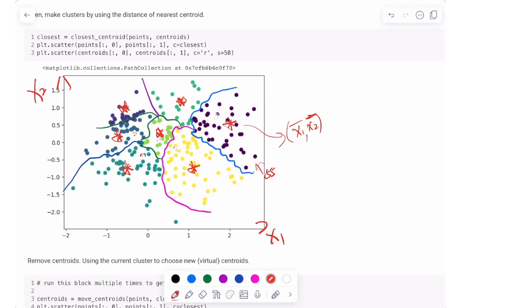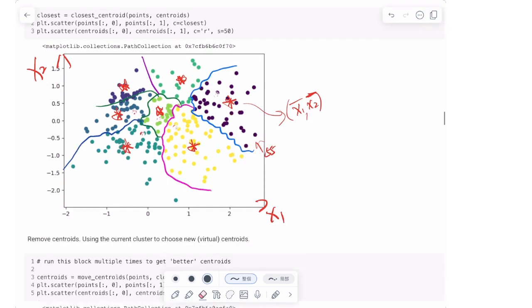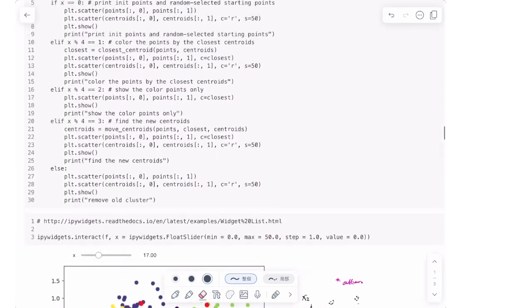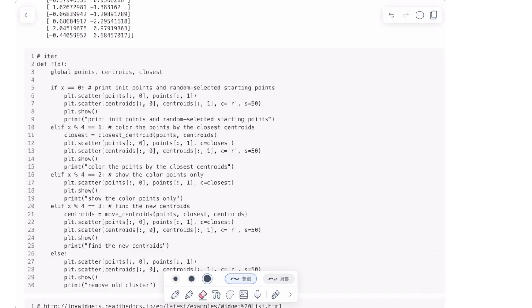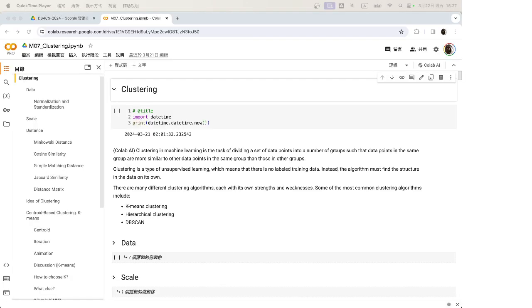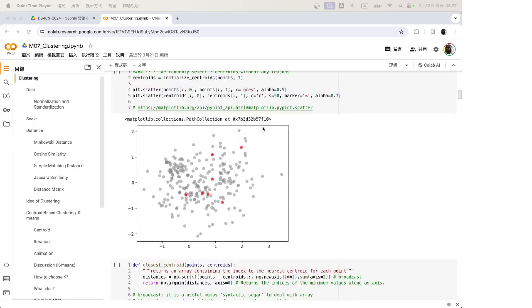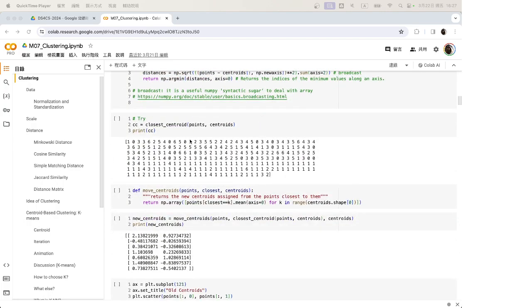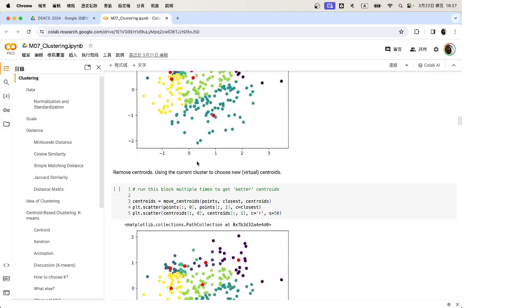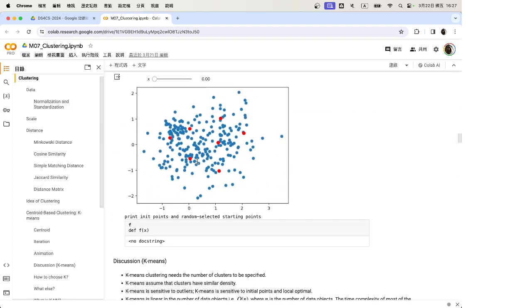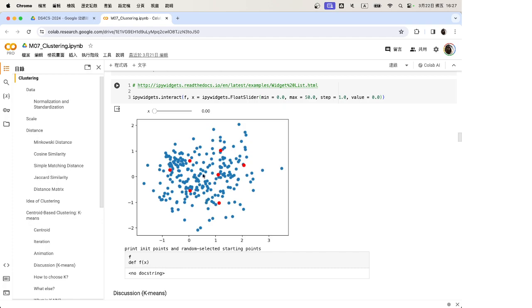So you have new red points. And again, we remove all those colors and all those areas. Okay? And I have an animation right here.